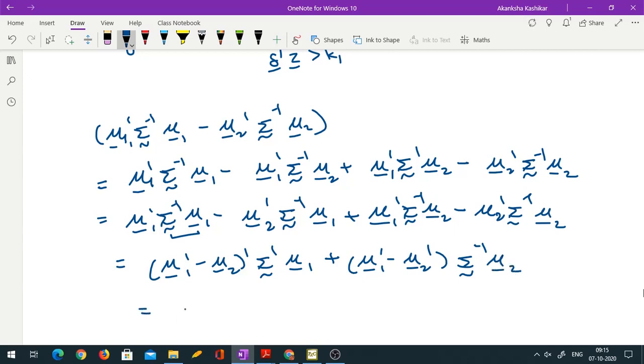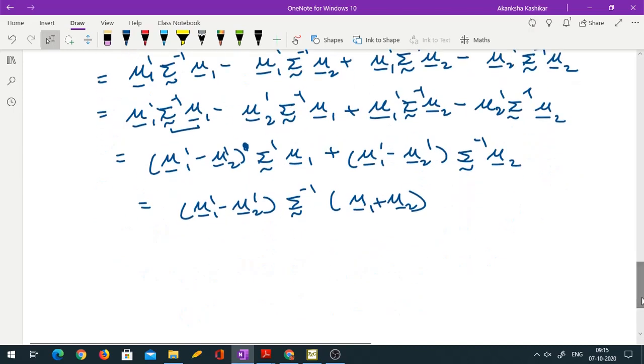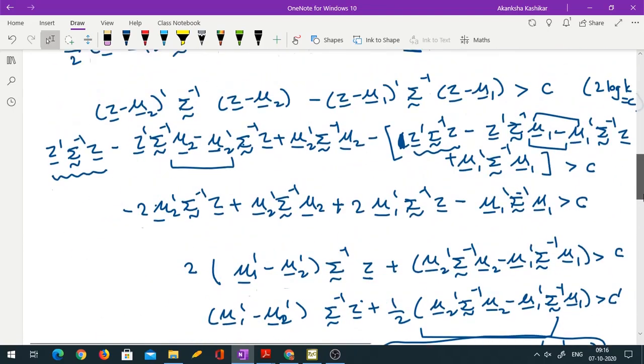So this is basically the same as mu1 prime minus mu2 prime sigma inverse, if I take common, mu1 plus mu2. Okay, so we have mu1 minus mu2 whole prime sigma inverse mu1 plus mu2. The constant can be rearranged as this, and let us try to write in that form.